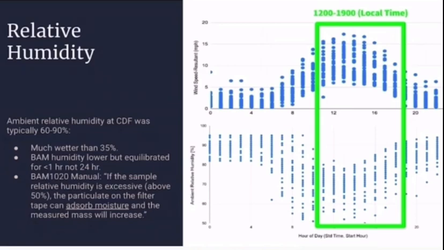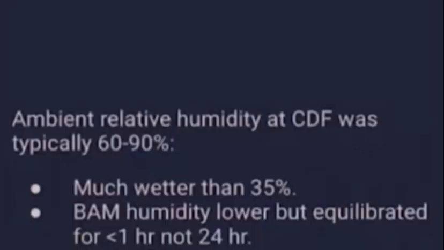And so the BAM humidity equilibrated, but only for 1 hour, not 24 hours. And the manual for the BAM instrument tells you that if the sample relative humidity is excessive, which they define to be 50%, then the particulate on the filter can adsorb moisture, and the measured mass will increase due to water.